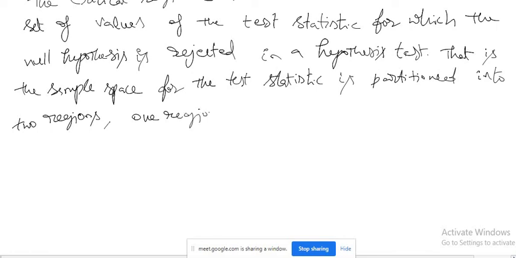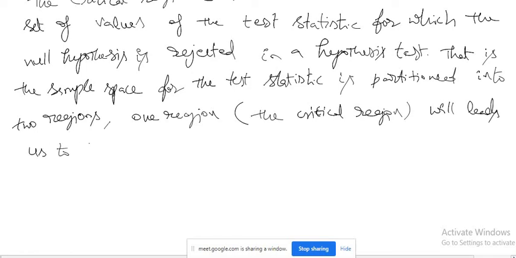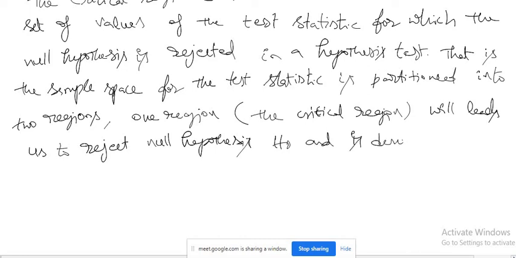One region, the critical region, will lead us to reject the null hypothesis H0 and is denoted by capital C, critical region.